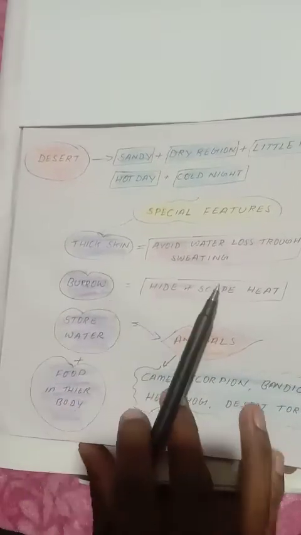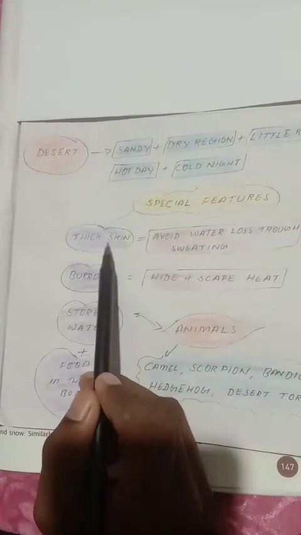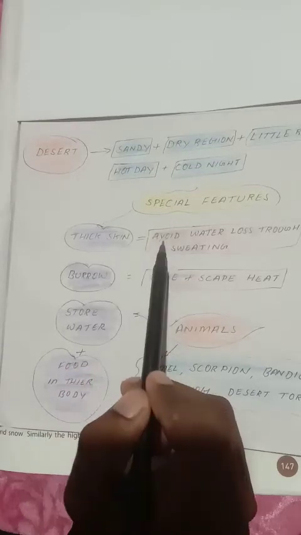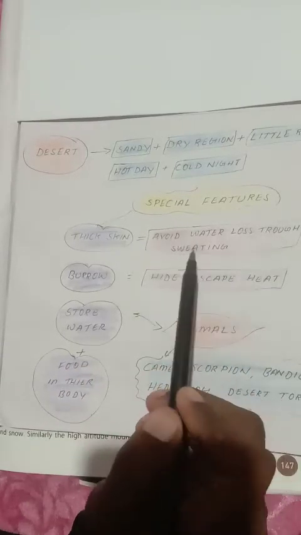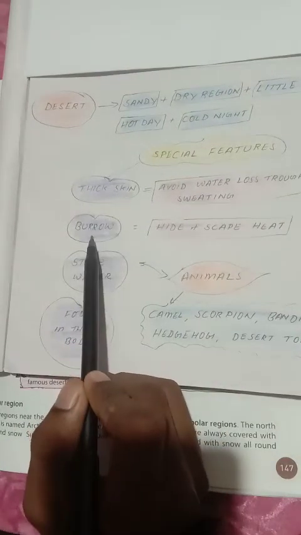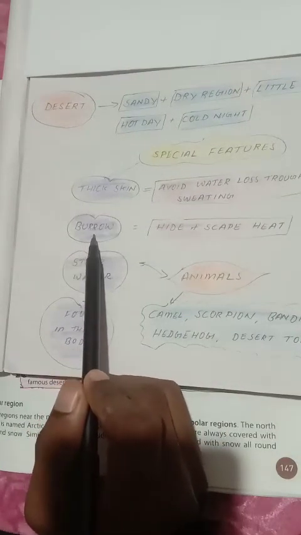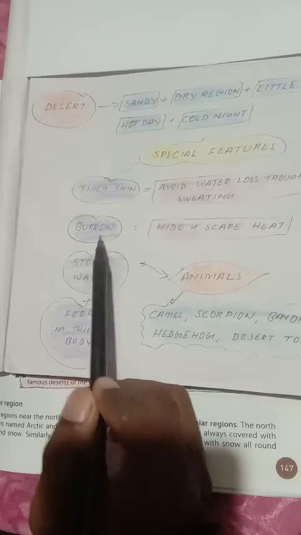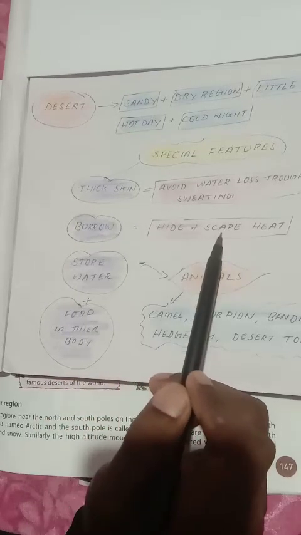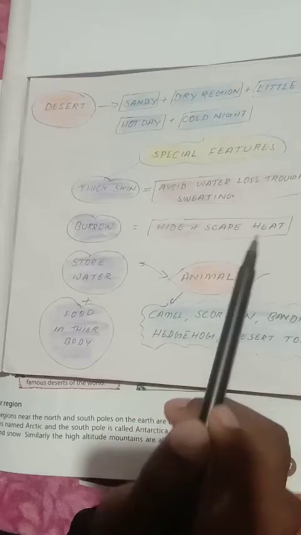First, some animals have thick skin, which avoids water loss through sweating. Next, they make a burrow and hide themselves to escape from heat.